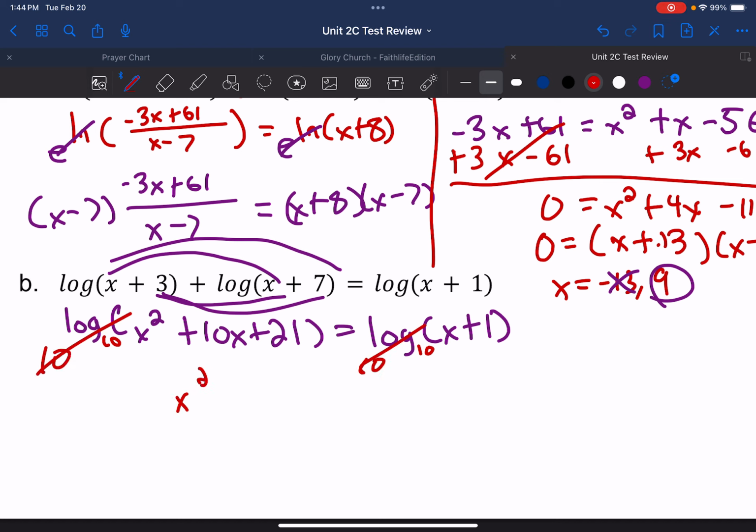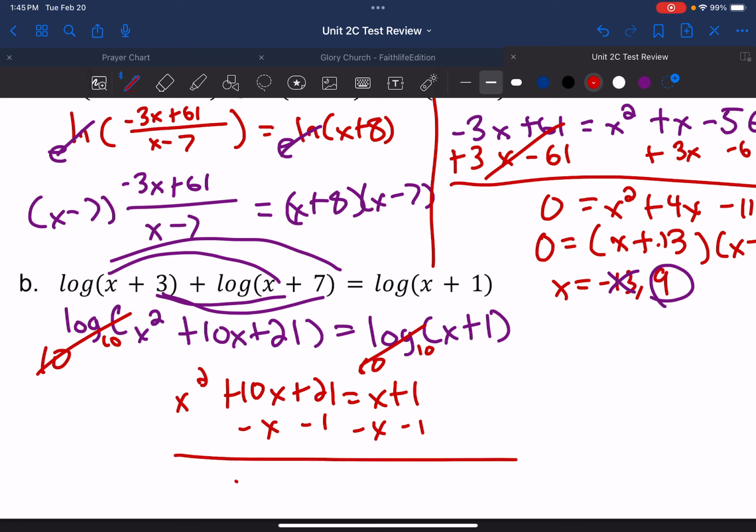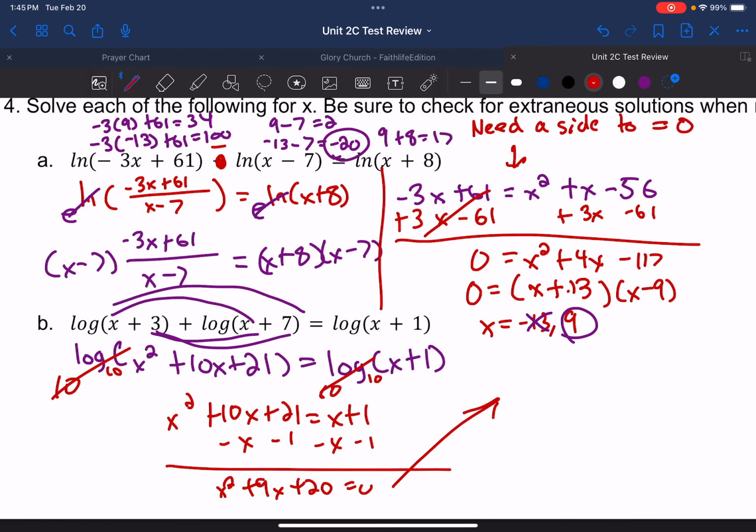I have x squared plus 10x plus 21 equals x plus 1. Subtract these over to get a side equal to 0. Which is going to factor to x plus 4, x plus 5 equals 0. So x equals negative 4 and negative 5 is what I've got to check.